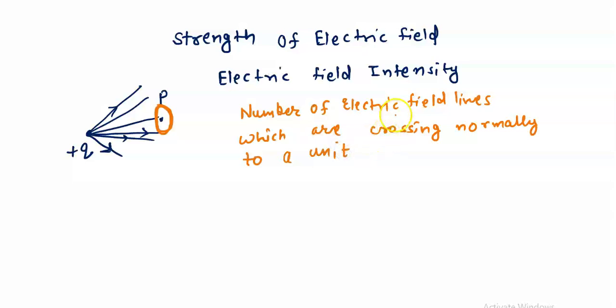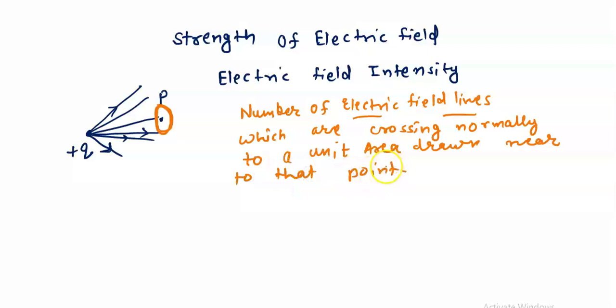So normally to a unit area which is drawn near to this point. Suppose this is the point P where you have to find the electric intensity. So you have drawn a unit area near to that, and you are trying to find the number of electric field lines which are crossing normally to the unit area drawn near to that point.